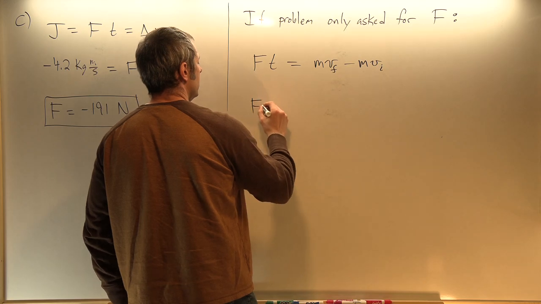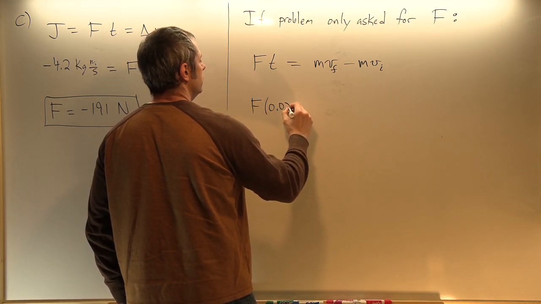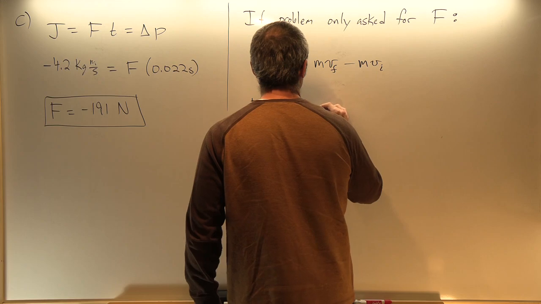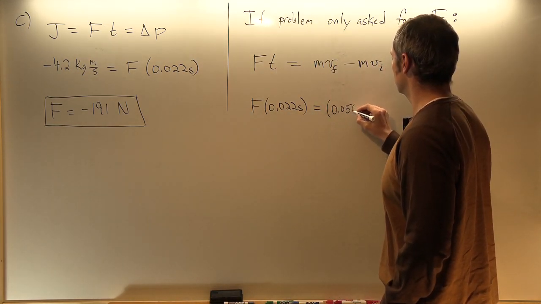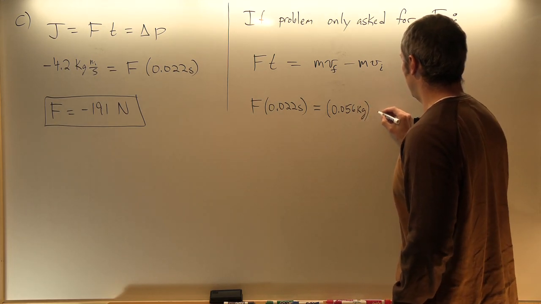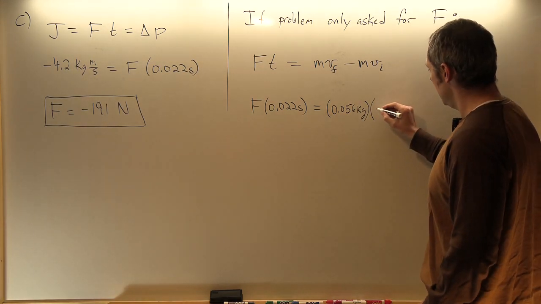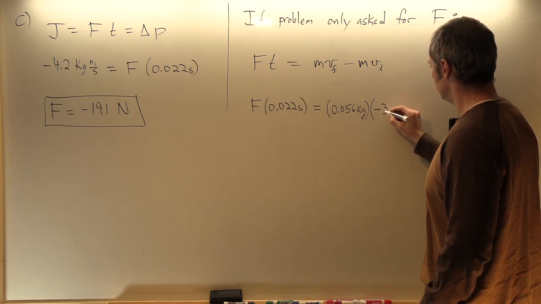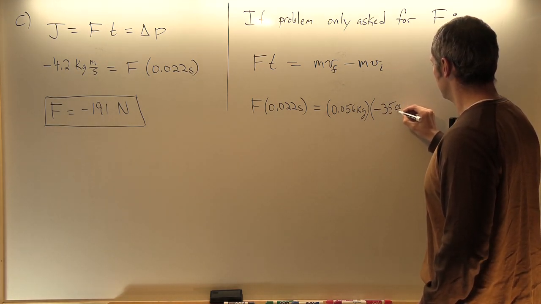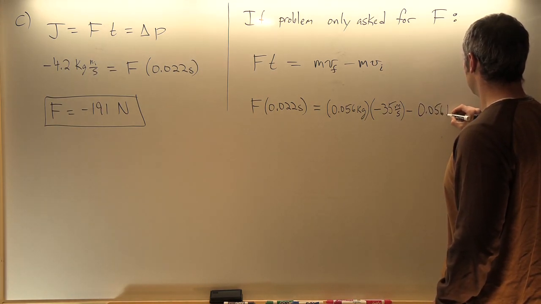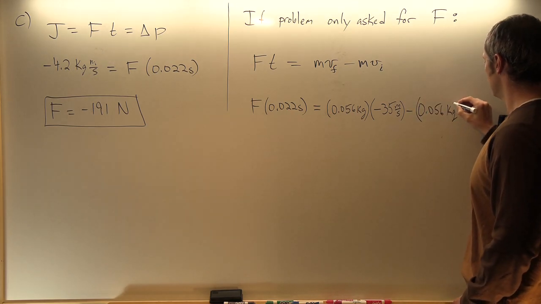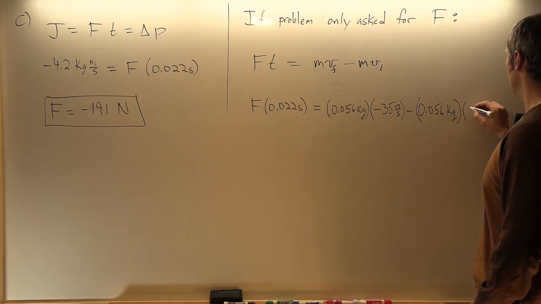And so I plug in what I had, the 0.022 seconds, and then the mass of the tennis ball, 0.056 kilograms. The final velocity, not final speed, final velocity negative, and then the initial velocity, positive 40.